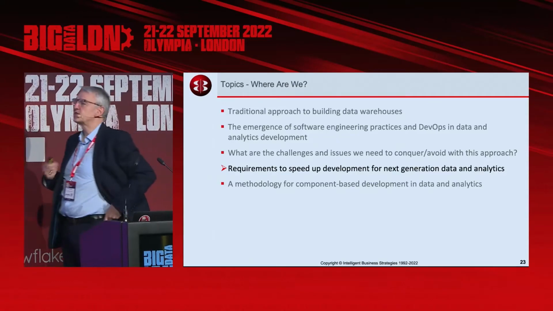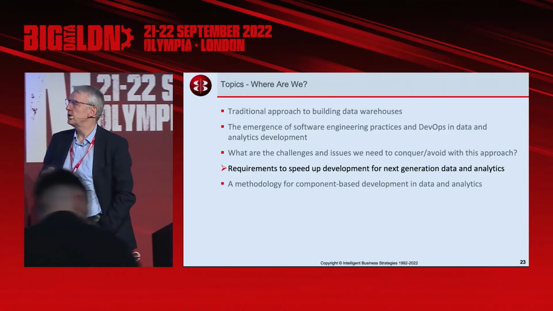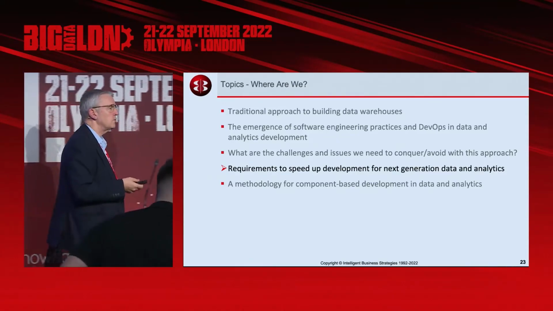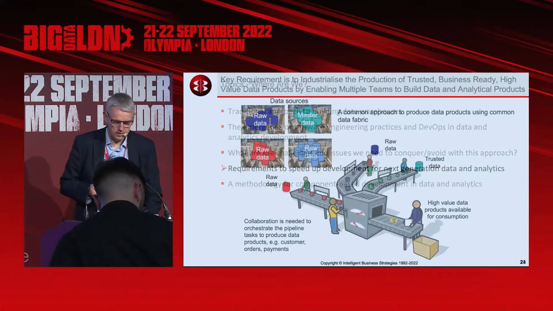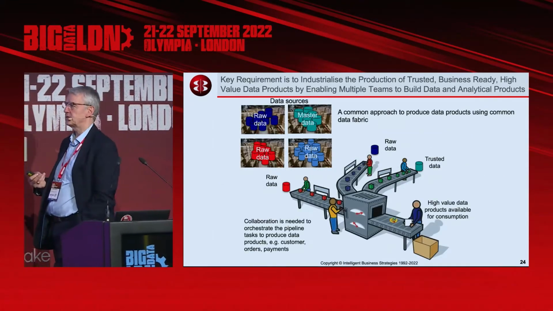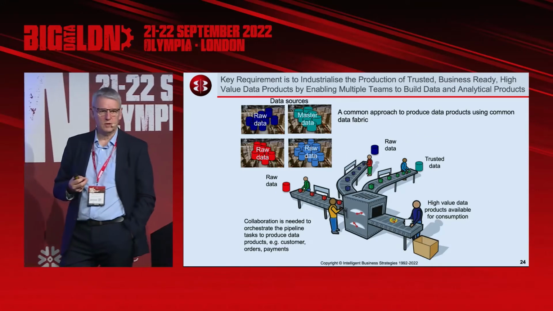So if that's the challenge, then what kind of requirements do we need to be able to speed this up? Well, we've got to industrialize. And that requires some degree of organization.